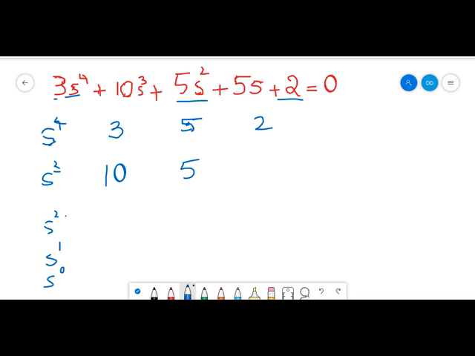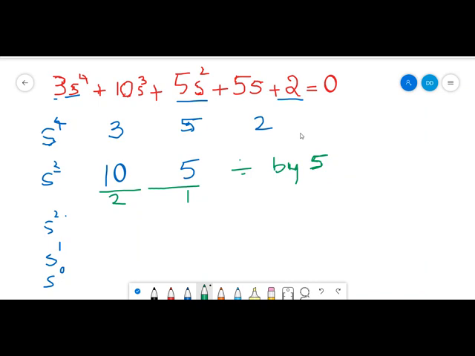Before going to the elements of the third row, we can see that the values in the second row are divisible by 5. So we divide them by 5, and we have 2 and 1. Now our new values are 2 and 1 for the second row, which makes our calculation simple.